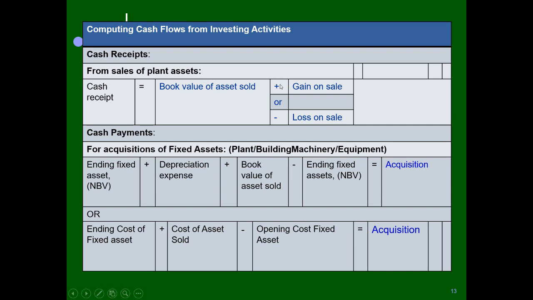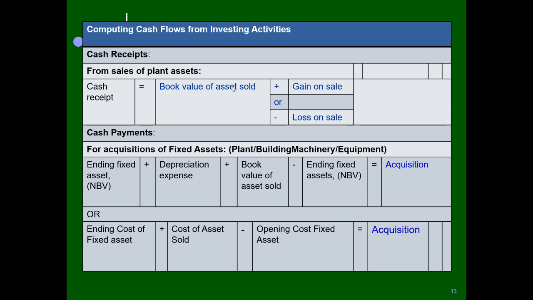This book value of the asset sold can be taken from the balance sheet. But if there is no balance sheet and they only state the cost of acquisition of the asset and the accumulated depreciation, you have to deduct the accumulated depreciation from the cost of acquisition.